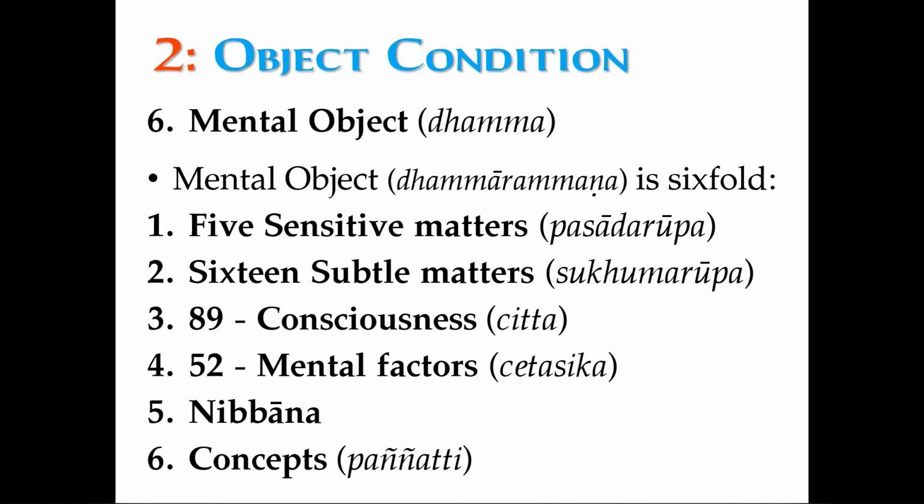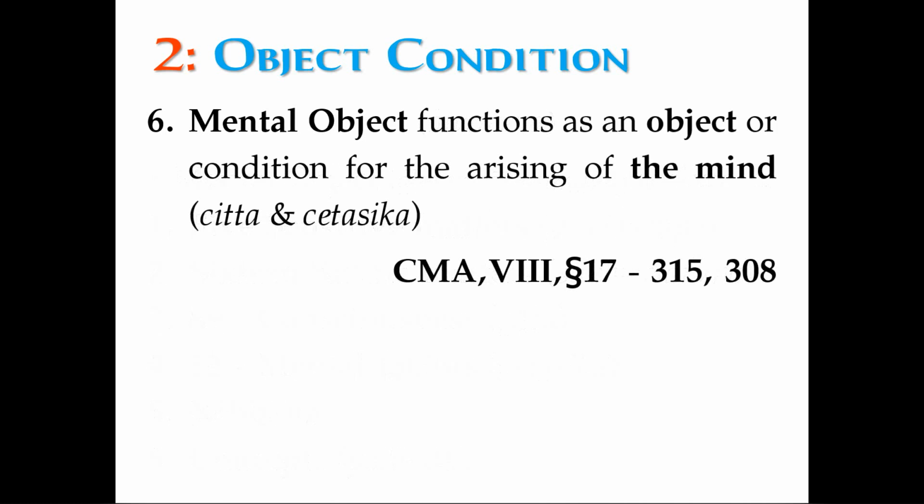Actually, we have learned all these in the third chapter. Mental object functions as an object or condition for the arising of the mind, citta and cetasika. So we have 6 objects that we have earlier said, right?